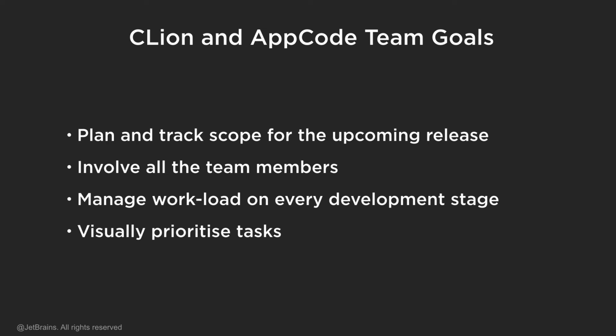This year they had, for example, 3 major releases, and before that they used to have 1 major release per year, and then several minor releases. This change of the release phase has changed the way they plan and track the scope for the upcoming releases. So they wanted to manage it better.